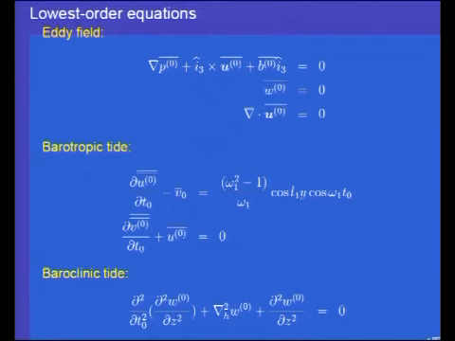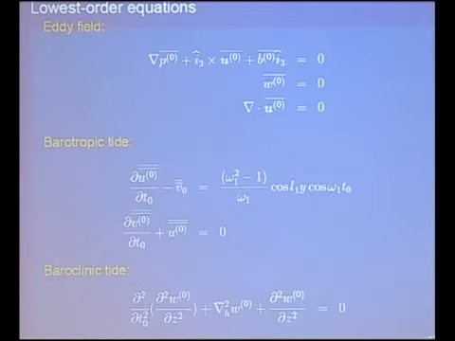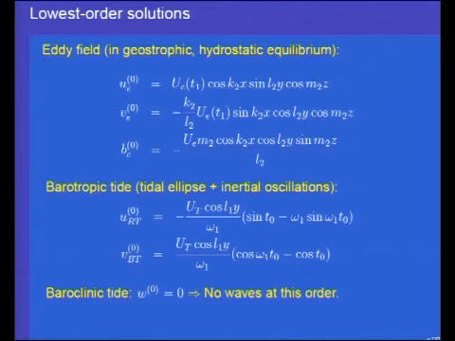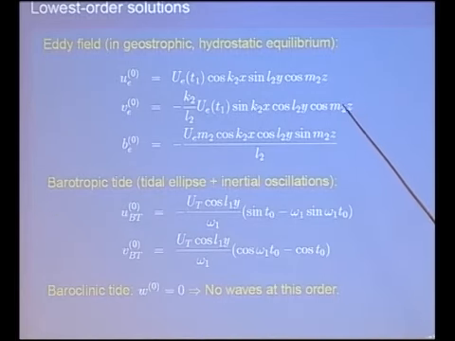Okay, so we can write down the lowest order equations for the eddy field. These are just the geostrophic and hydrostatic balance equations. For the barotropic tide, we have this forced set of equations, and for the baroclinic tide, we just have a homogeneous wave equation.